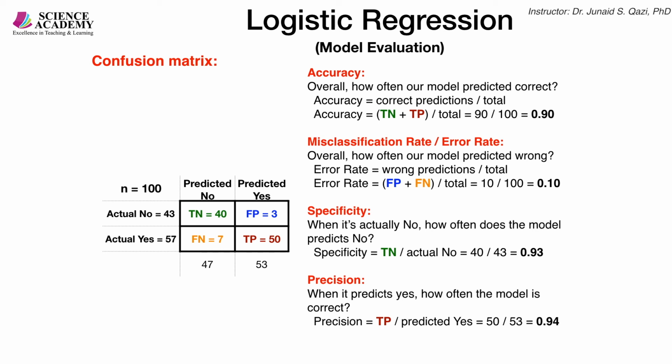For precision, when our model predicts yes, how often is the model correct, which is equal to true positive divided by the predicted yes. If we look at the numbers, we see the accuracy from our model is 0.90. The misclassification or error rate is very low, and precision is 0.94. So it looks like our model is doing very good.